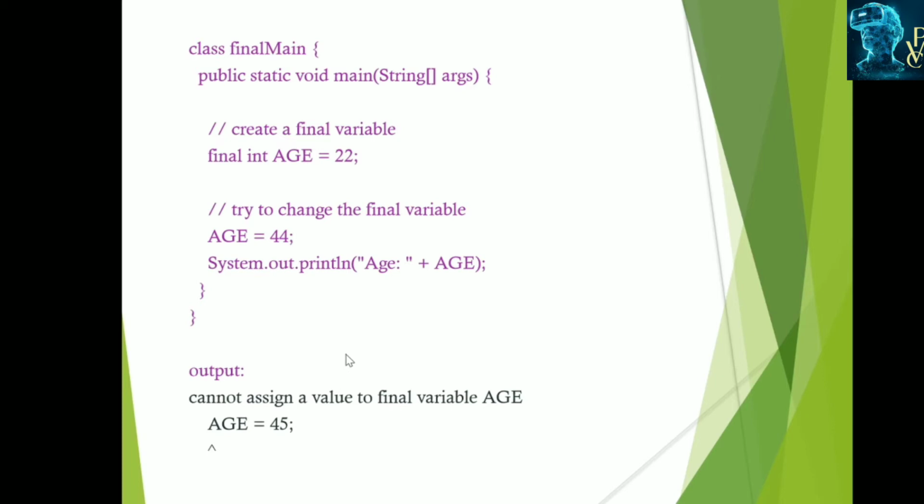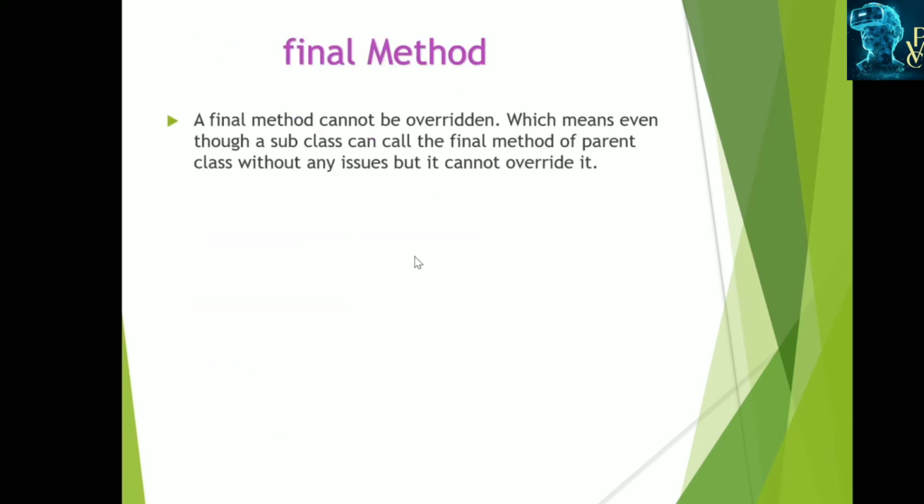And next is the final method. When we declare a method as final, that method becomes a final method. The final method cannot be overridden. Before going to the final method, we have to know about inheritance. Inheritance means the process of deriving a new class from an existing class.